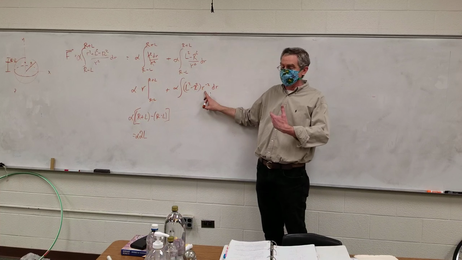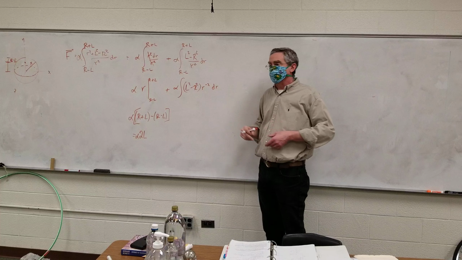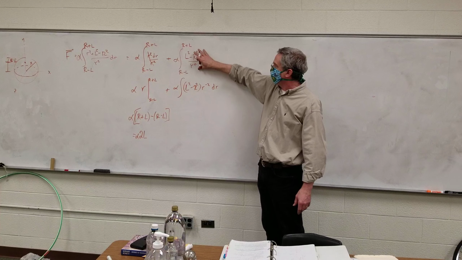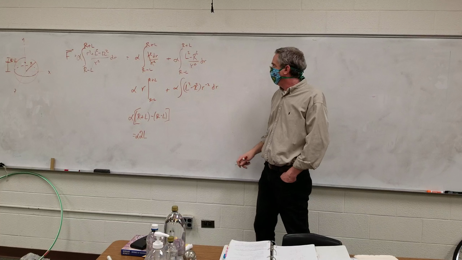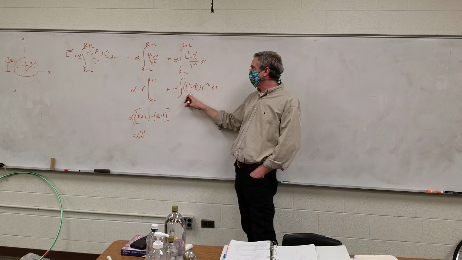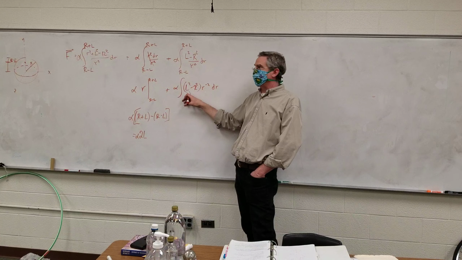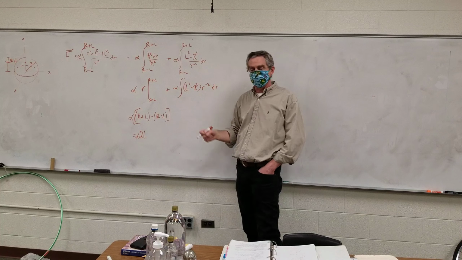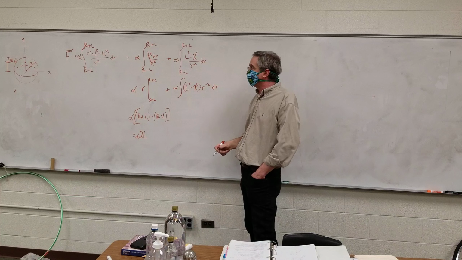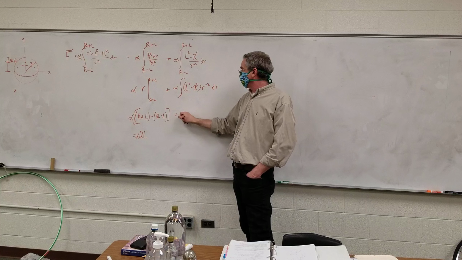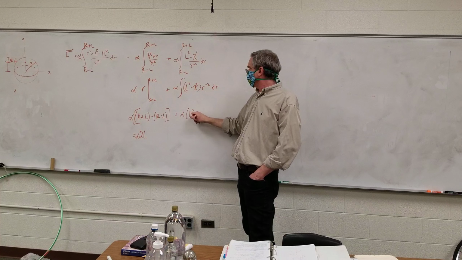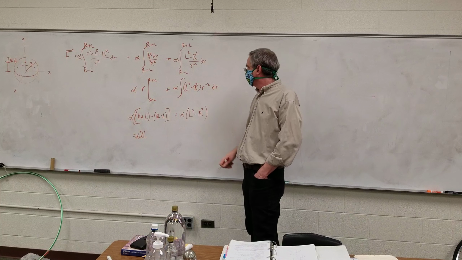I'm a negative exponent man myself, but whichever one you need in order to figure out the integral of this. Big L squared minus big R squared. L is a constant because it's in a specific location, and big R is the size of my sphere, and that is also fixed for the problem. So I got a plus alpha times L squared minus R squared, that part I got.